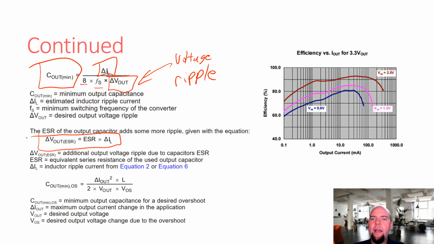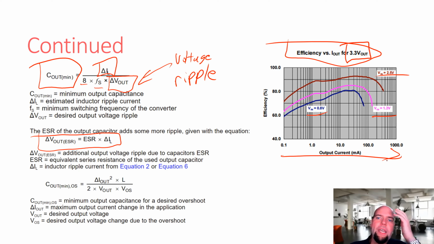This is what I was talking about in these efficiency curves. If you look at the data sheet from almost any regulator, this is for a boost regulator, but you get the idea. It's saying for a certain output voltage, for these different input voltages, your efficiency is going to be given by these graphs based on your output current.